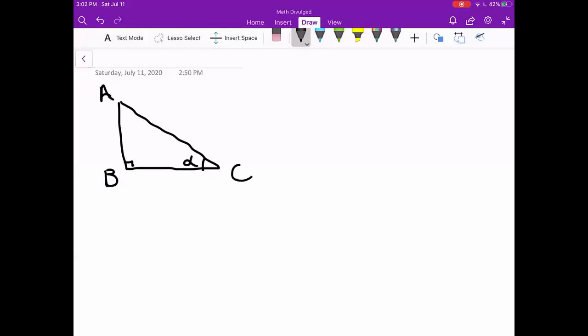Then if we say sine of alpha, this will be equal to the length that is opposite the angle alpha, which is AB, divided by the length that is the hypotenuse of the right triangle, which is AC. And this is the definition of sine for an angle in a right triangle.